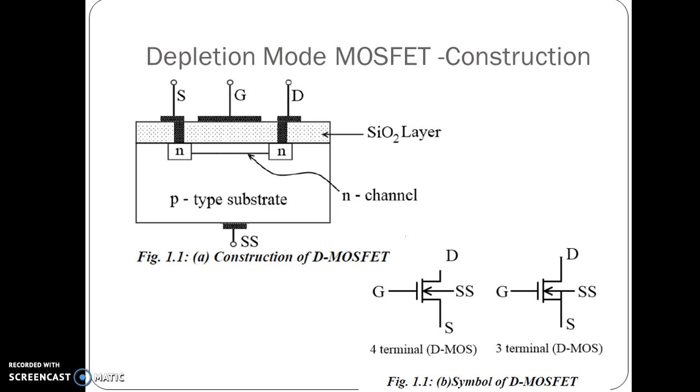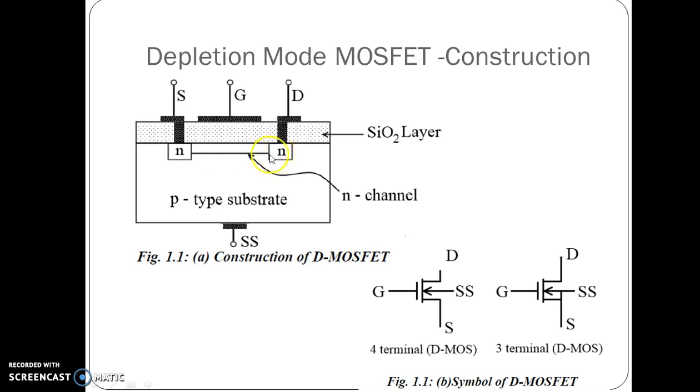The construction of DMOSFET: we are going to see the construction of N channel DMOSFET. For that, one P type substrate is taken and on that two N type regions are created which are heavily doped, which form the source terminal and drain terminal. These two N regions are internally connected with a lightly doped N channel.